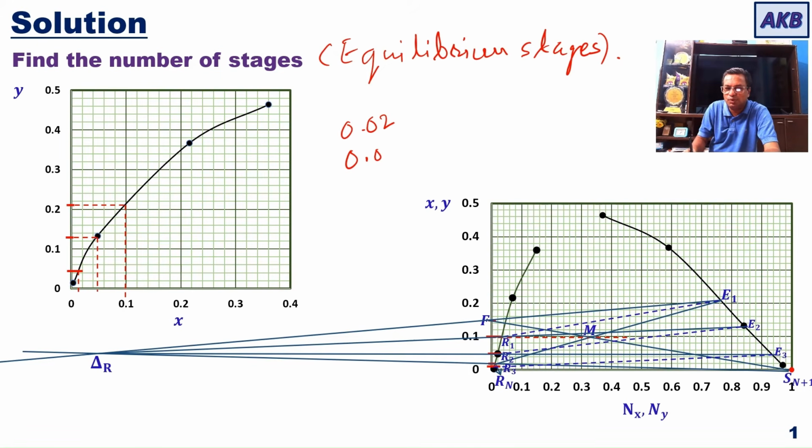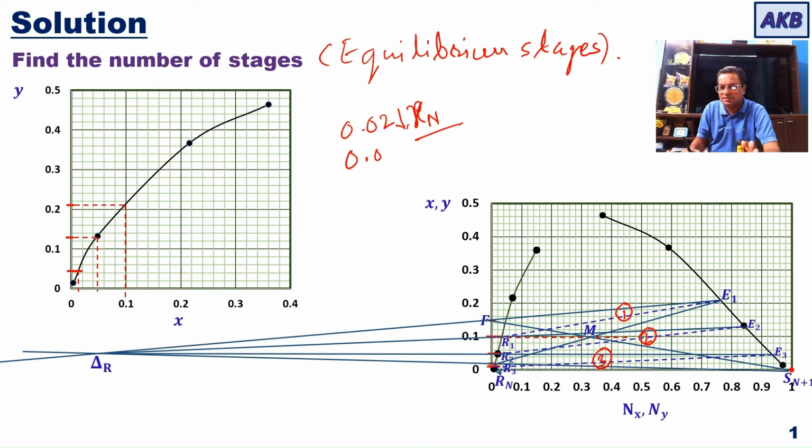So once you go below xn, that is the composition of the final raffinate phase, you have to stop. The number of tie lines that you have drawn in this process will be the number of equilibrium stages required in the operation. So this is stage number 1, this is stage number 2, and this is stage number 3. So in this operation, 3 equilibrium stages are required.